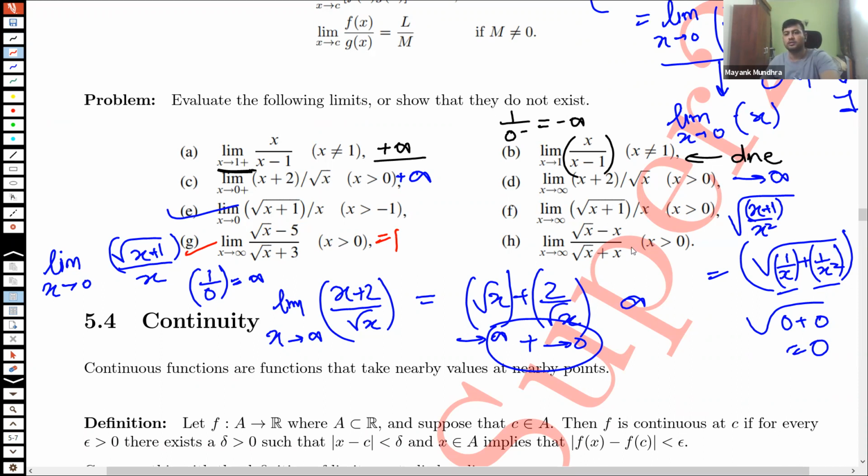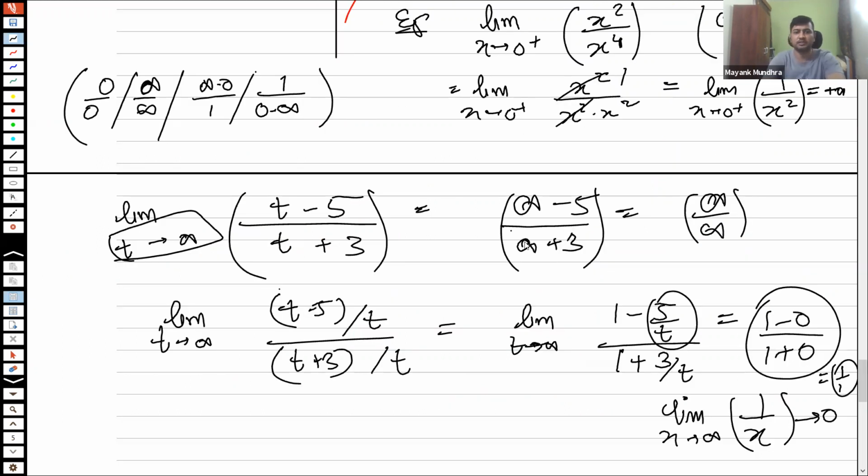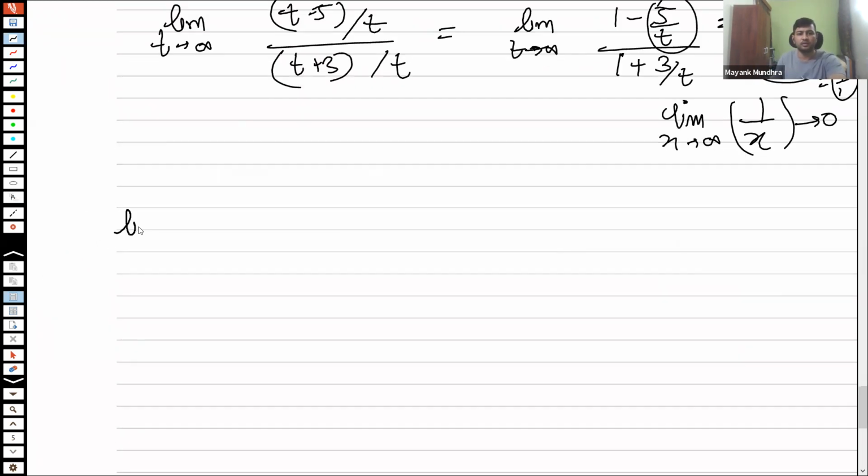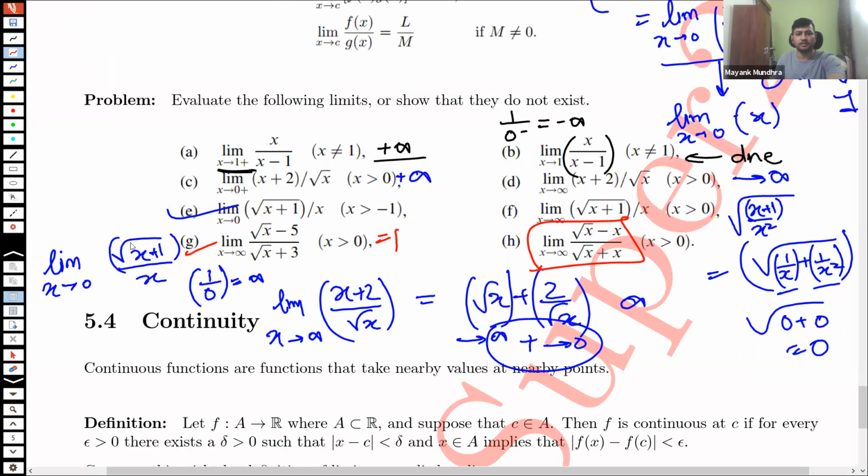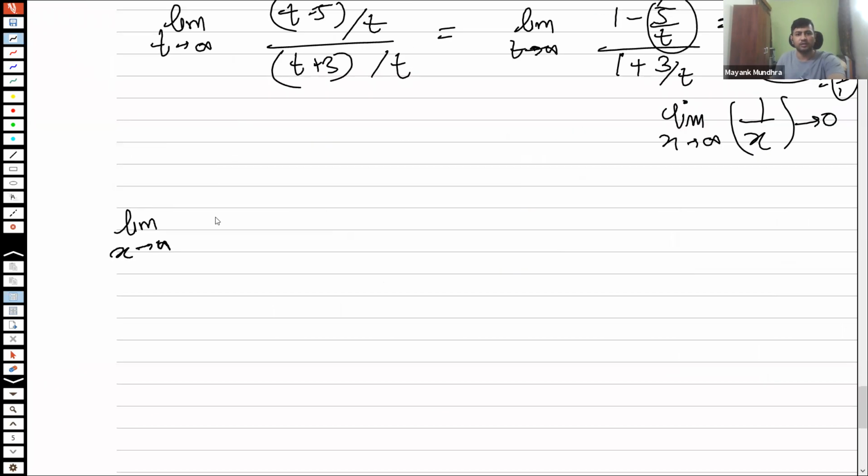All right. Now this is the final thing. Limit x tending to infinity, root x minus x upon root x plus x. This is going to be equal to... Again, this becomes infinity minus infinity upon infinity plus infinity format.